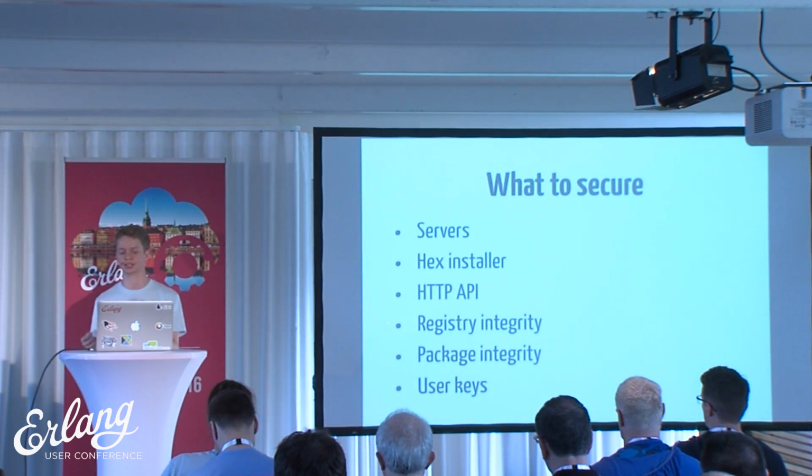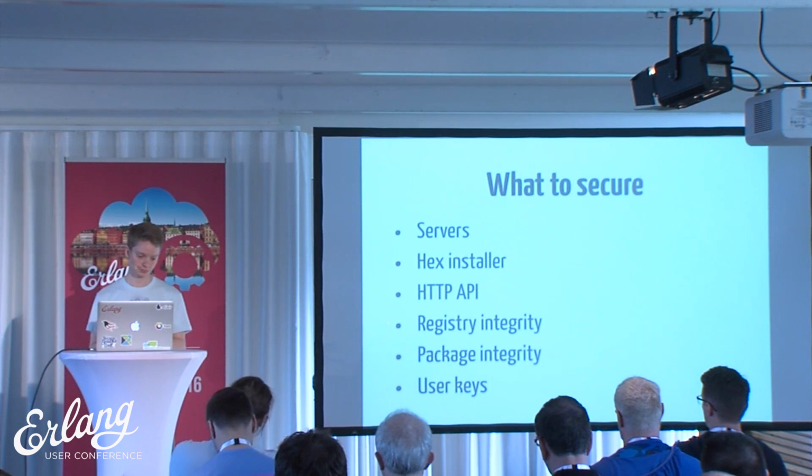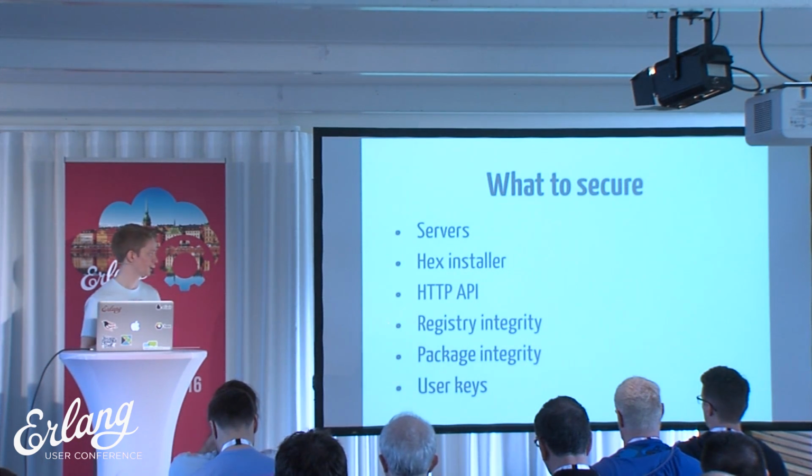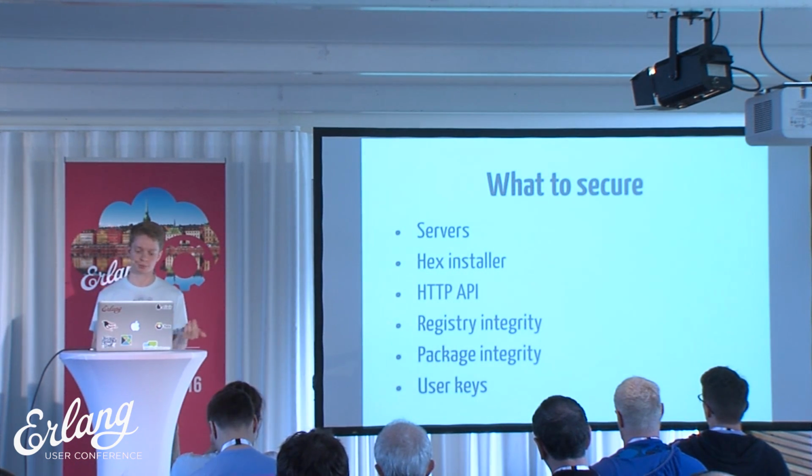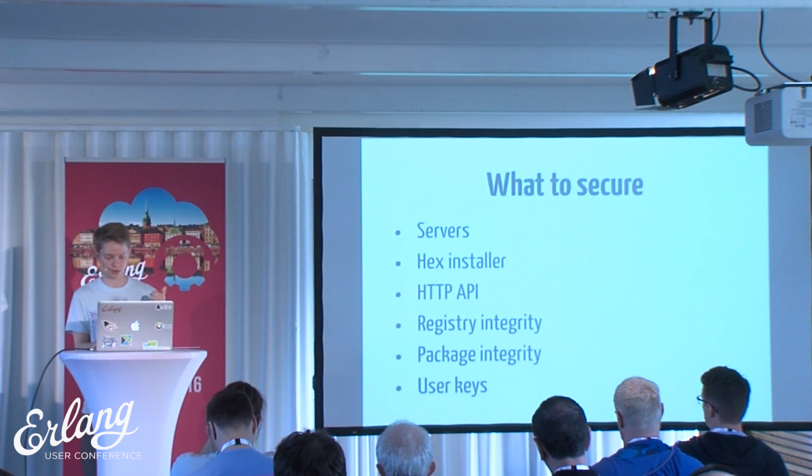So for every new Hex release, we sign it with the corresponding private key that we keep offline. We also need to secure the HTTP API, the integrity of the registry of packages, and also try to help out with securing users' API keys. I'm going to look at that in more detail in just a bit.